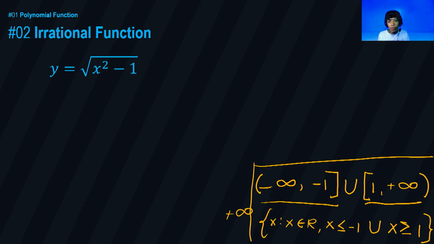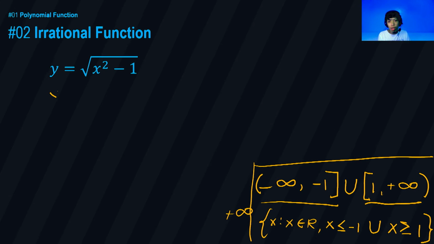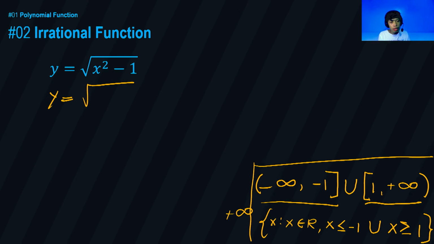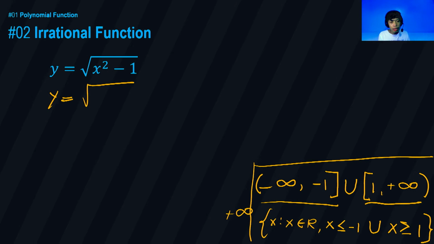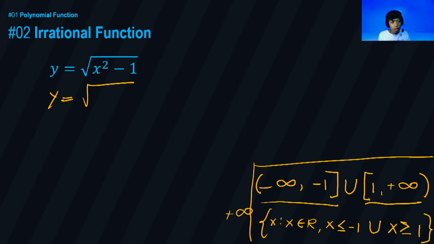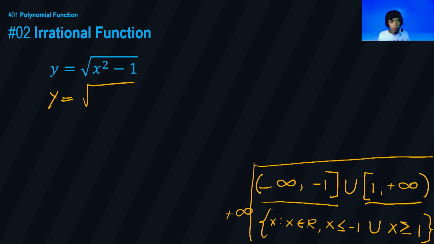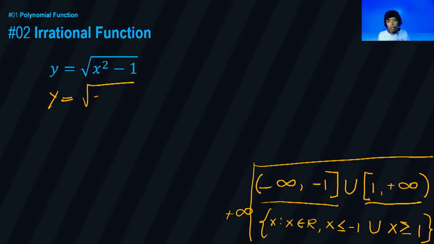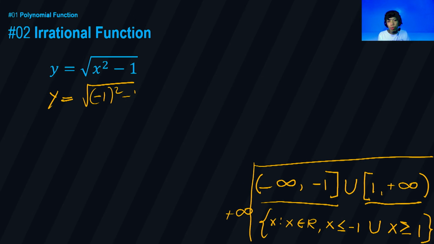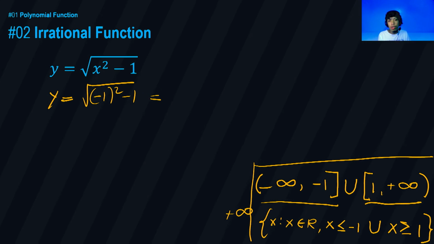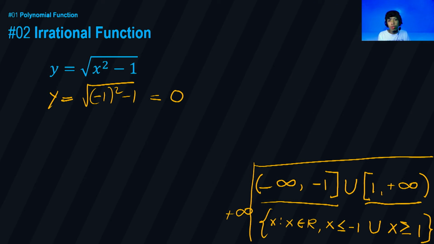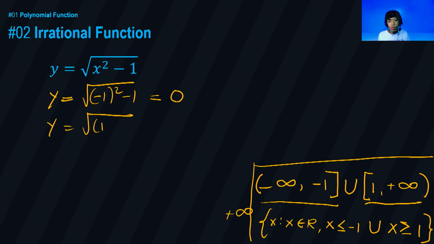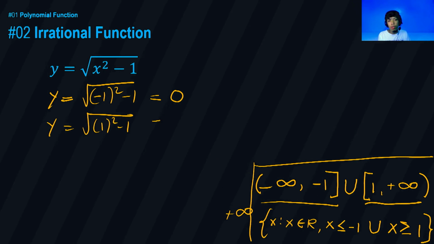We also have to do that here. So this will be y is equal to the square root of, the minimum value of x is either negative 1 or 1. So let us try both. This is negative 1 squared minus 1. So the value here is 0. And when you use the positive 1, you have 1 squared minus 1, which is still 0.